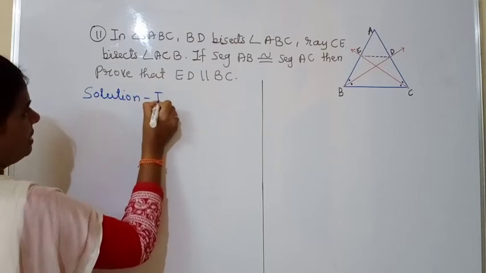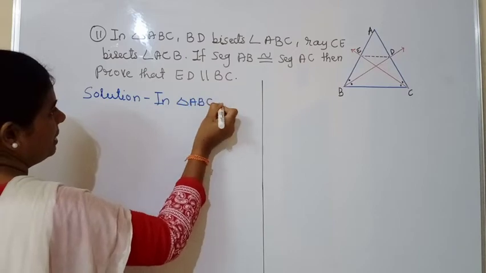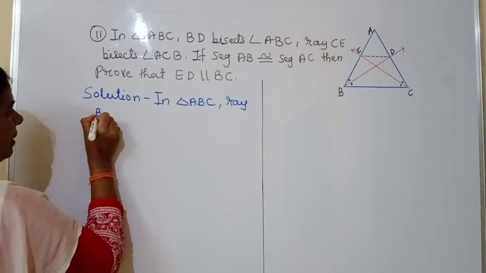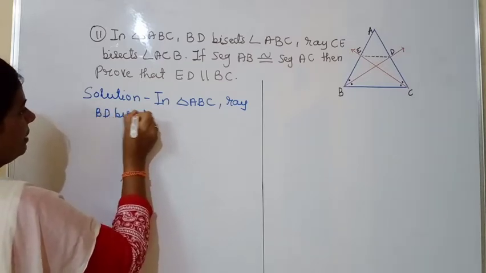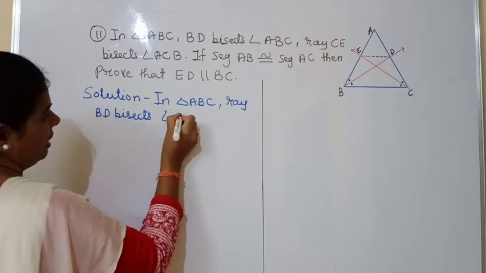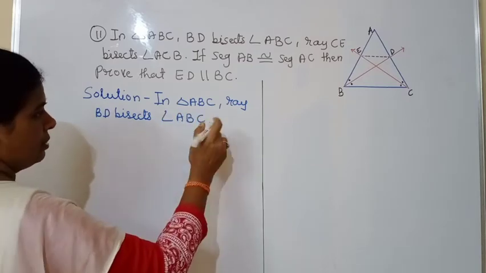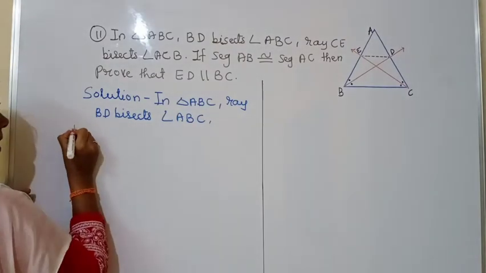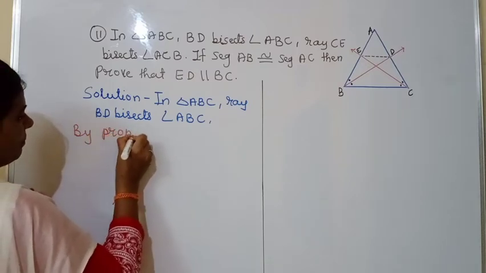In triangle ABC, ray BD bisects angle ABC. Okay, ABC. So therefore we now will use the property, that is, by property of angle bisector.